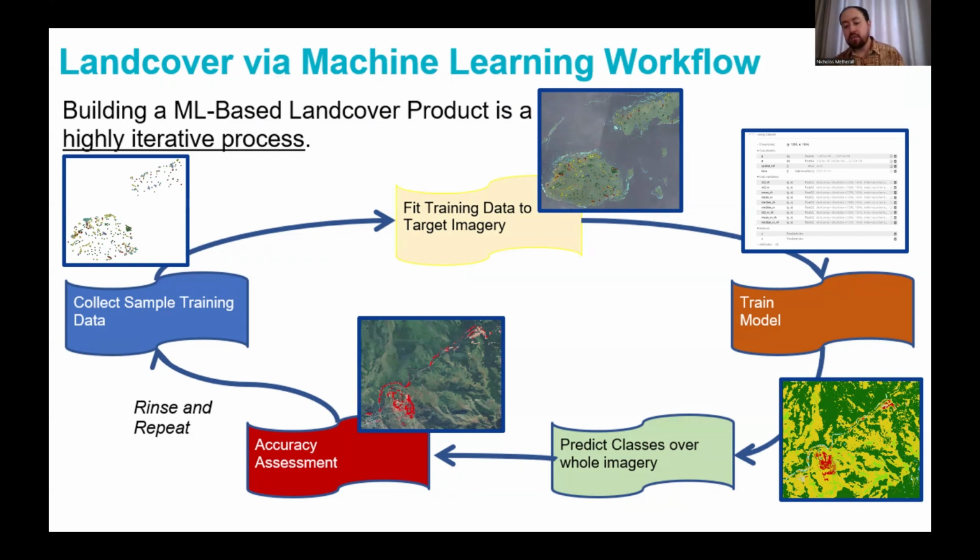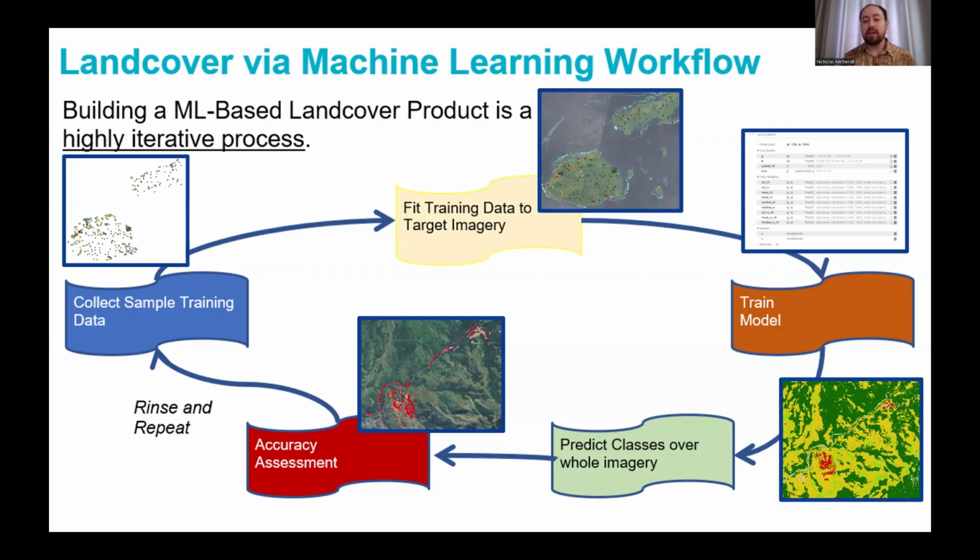We then use that model to do a prediction or generate a classification over imagery, and then we do an accuracy assessment. After doing this accuracy assessment, we can work out whether or not we need to go and collect more sample training data to help correct for mistakes or improve upon this model. And then we can repeat this cycle.